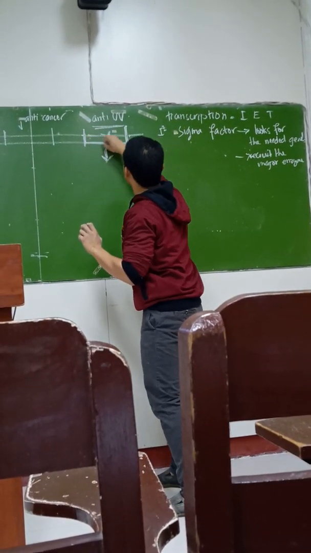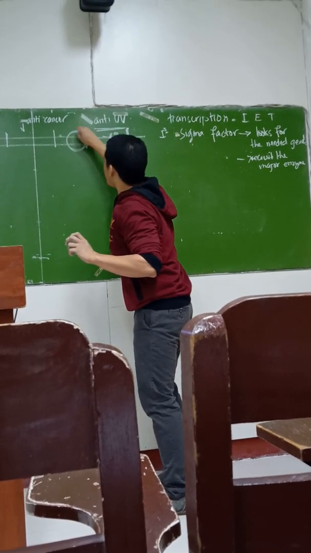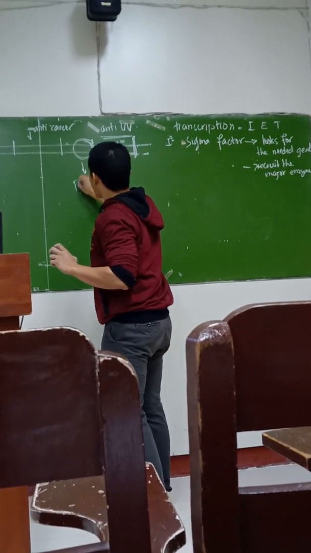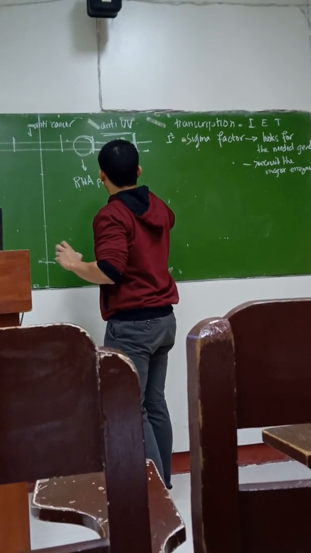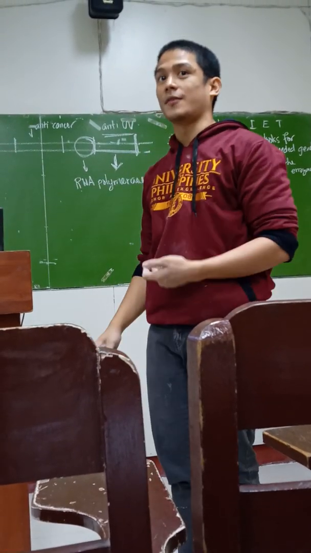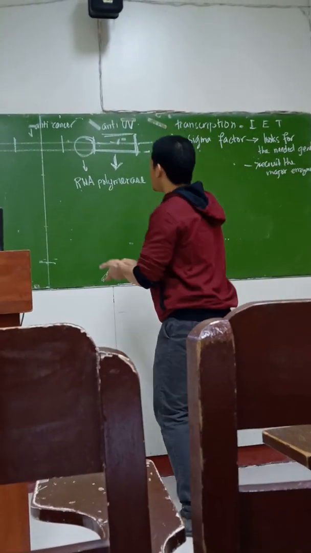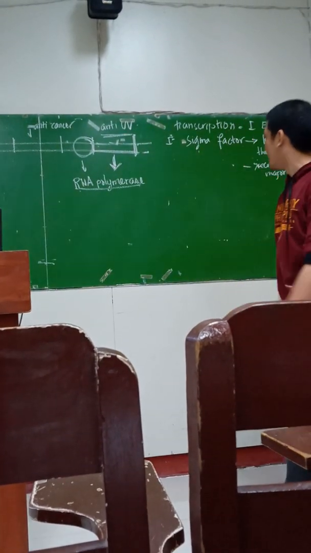Nahanap ko na siya. Dito ko papapasukin yung major enzyme natin. The major enzyme happens to be RNA polymerase. Kung DNA polymerase kanina yung required sa process of replication, this time we will be needing your RNA polymerase. So far, so good? Do we follow?